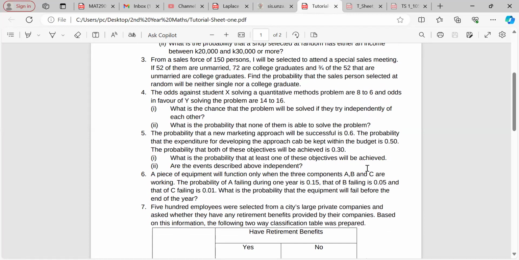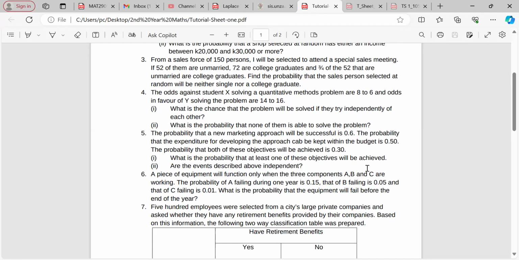That is 8 out of 8 plus 6, and the chance that the person will solve it will be 6 out of 8 plus 6. And the odds in favor of Y solving the problem are 14 to 16. So the chance of Y solving it is lower than that of failing to solve it. So what is the chance that the problem will be solved if they try independent of each other?